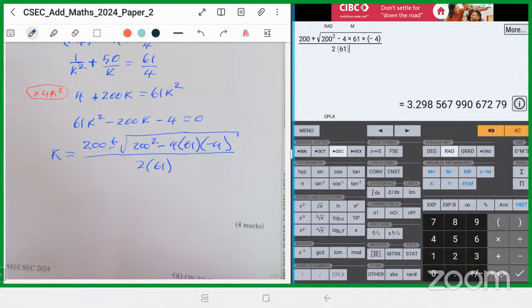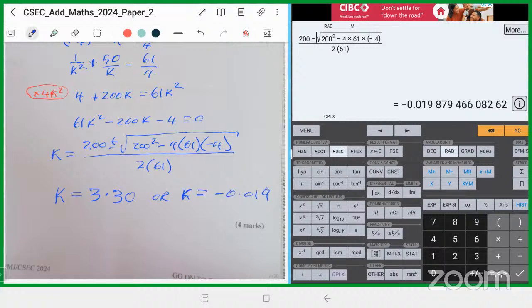So I'm getting 3.3, 3.30, or k equals, I'm going to use the minus now, and that's going to give me a negative 0.019.